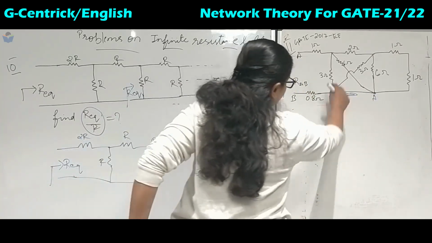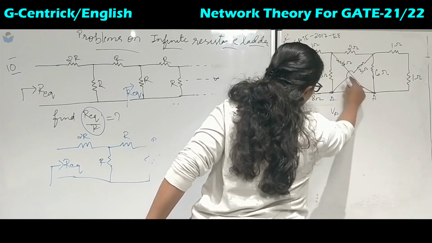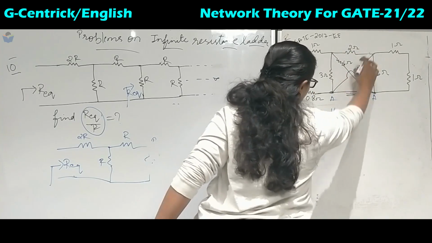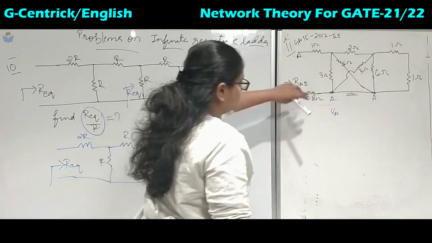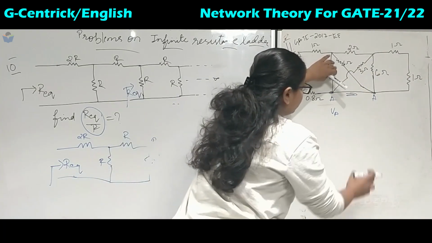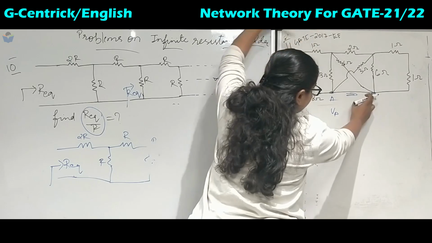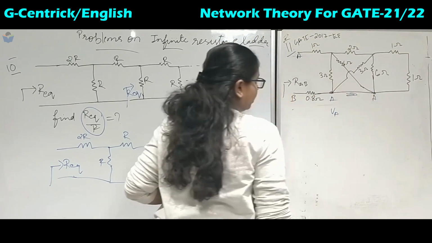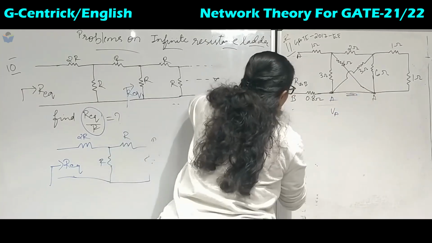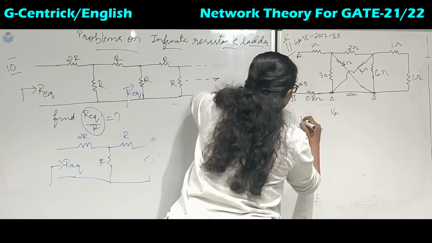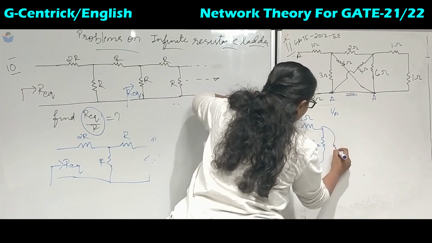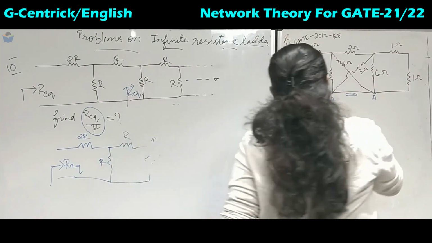Now these two branches are not connected. This is not an interconnection, it is just passing over the 6 ohm resistor, they are not connected. So I can connect this node with this point, and this point with this point. If I redraw this circuit, this is 1 ohm, this is 3 ohm, and this is nothing but 6 ohm.